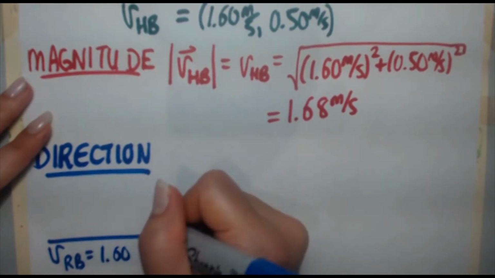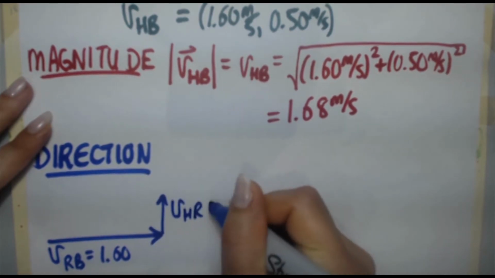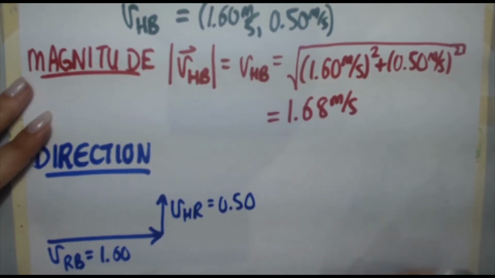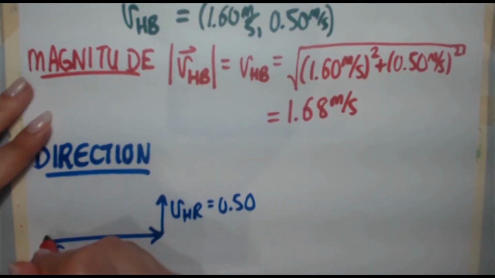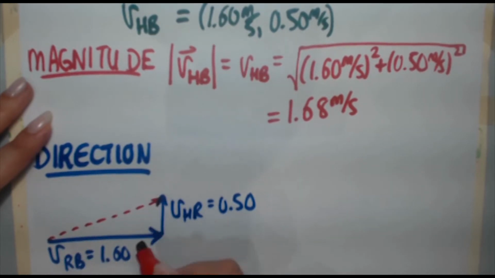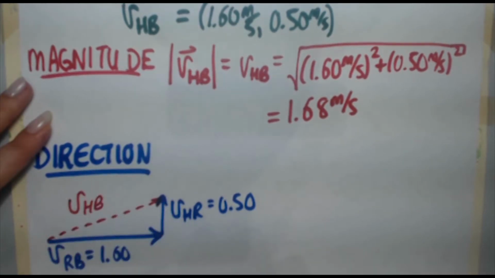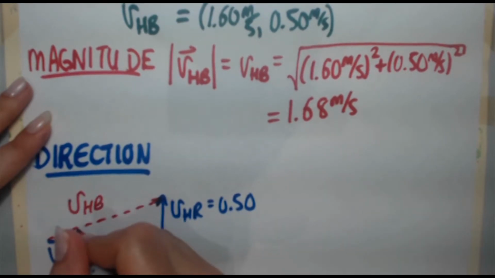Then you've got Huck relative to his raft moving perpendicular, at 0.50. When you add those two vectors up, you get Huck relative to the bank. Remember, the tail of the first vector goes to the tip of the second vector. So this is the velocity of Huck relative to the bank, and the angle we're looking for is between the hypotenuse and the initial vector.